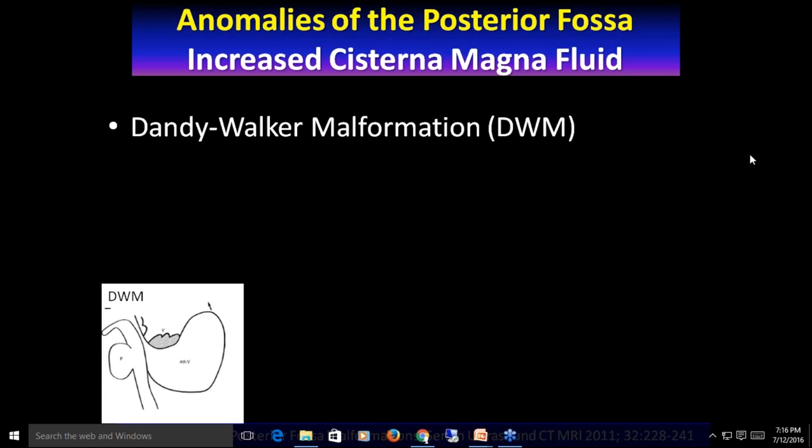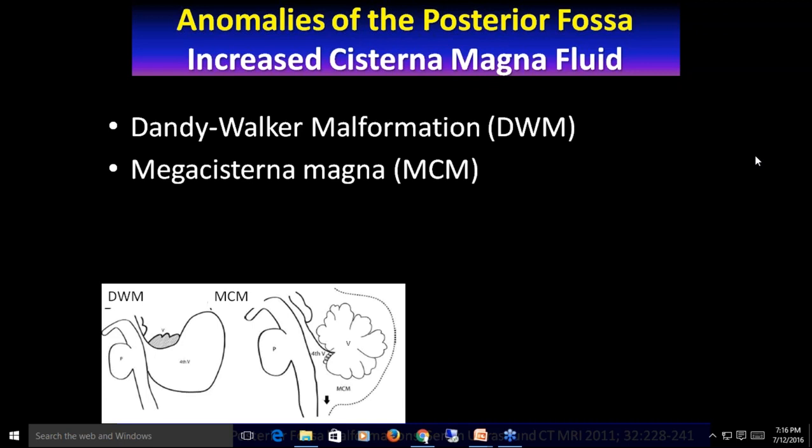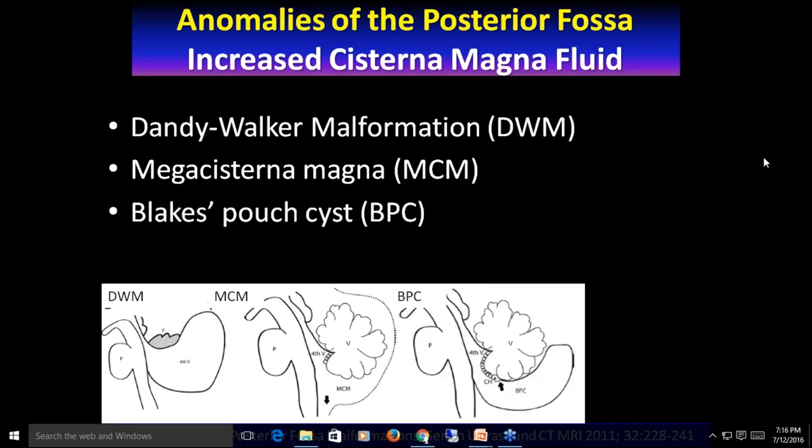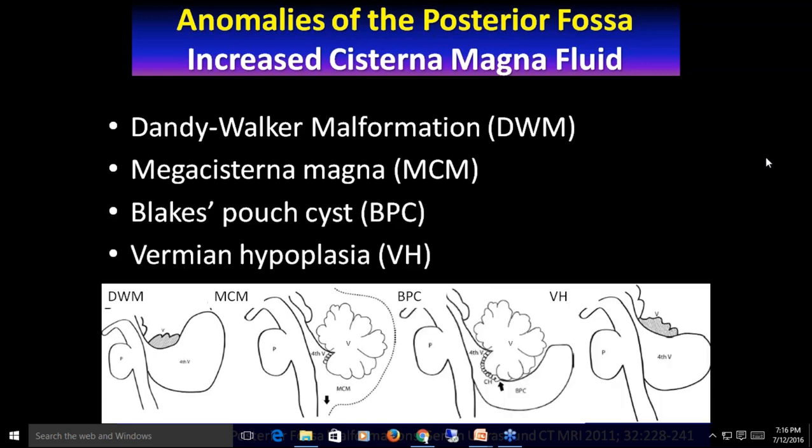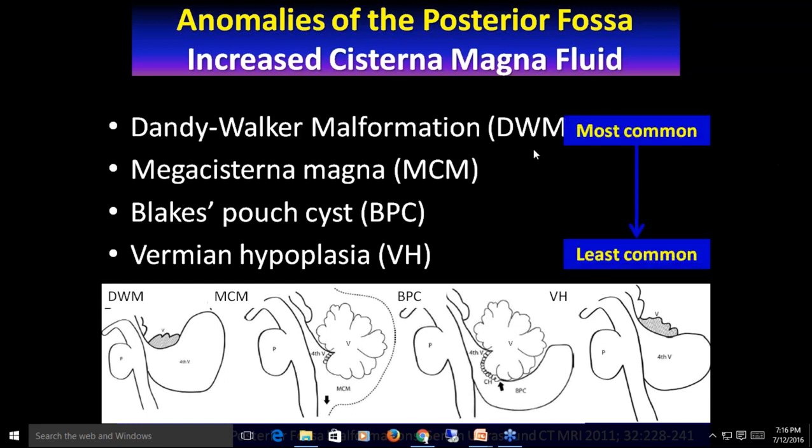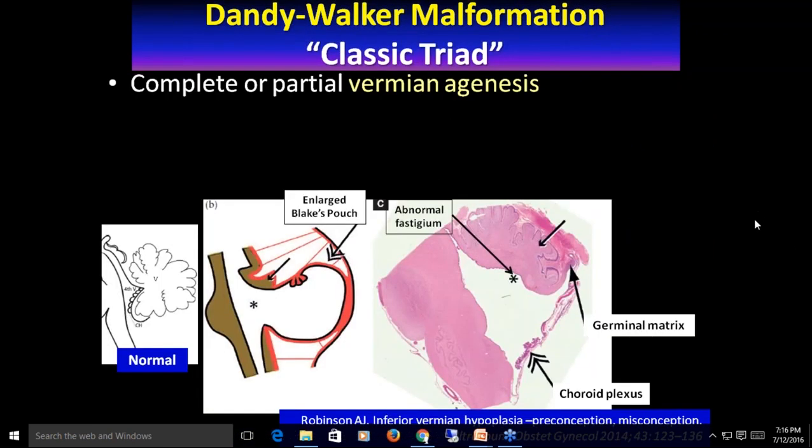The first one is Dandy-Walker malformation, followed by megacisterna magna, Blake's pouch cyst, and Vermian hypoplasia. Of these four pathologies, Dandy-Walker malformation is the most common, and the least common is Vermian hypoplasia. So Dandy-Walker malformation we'll discuss first.